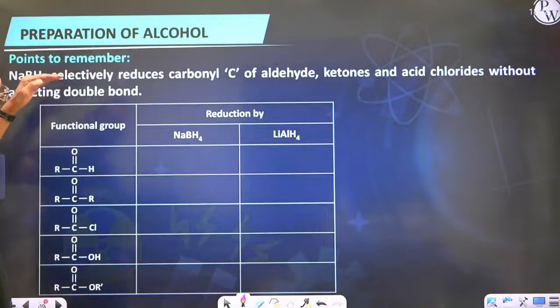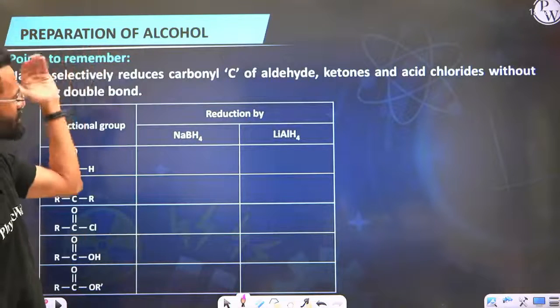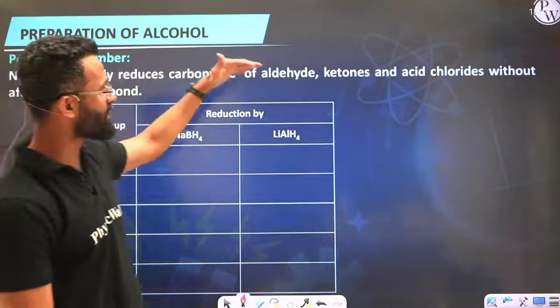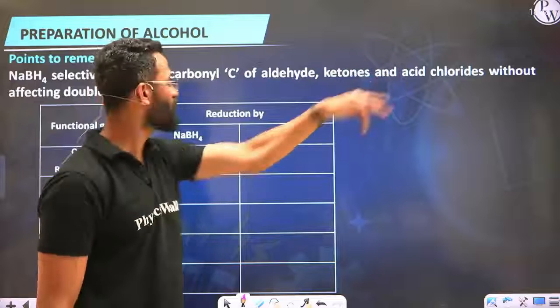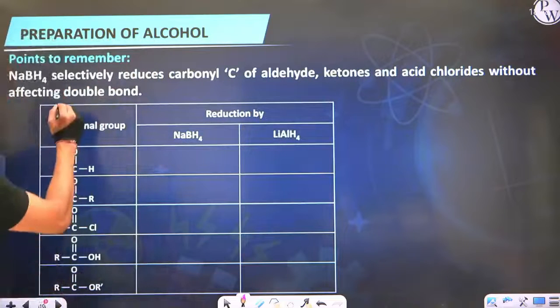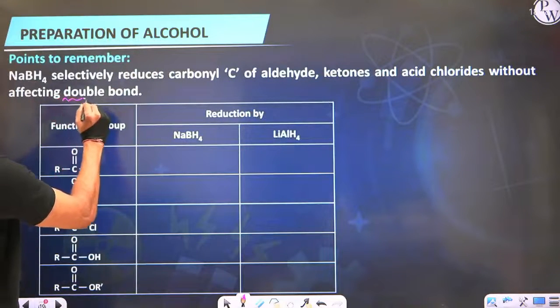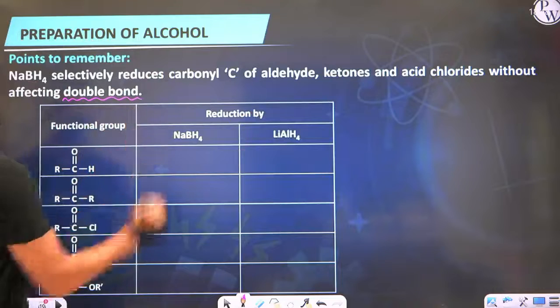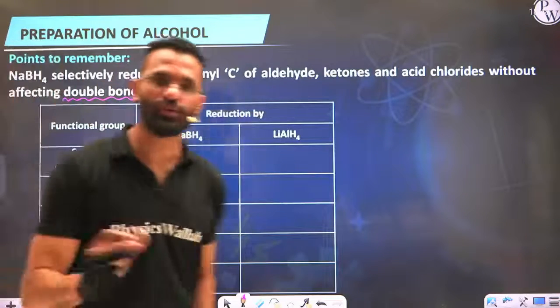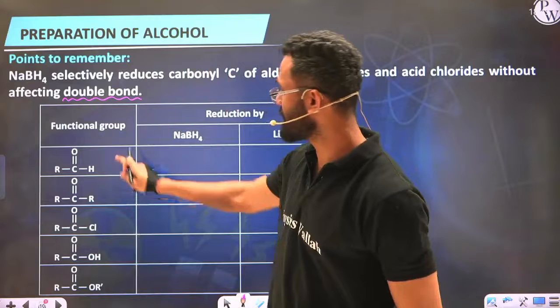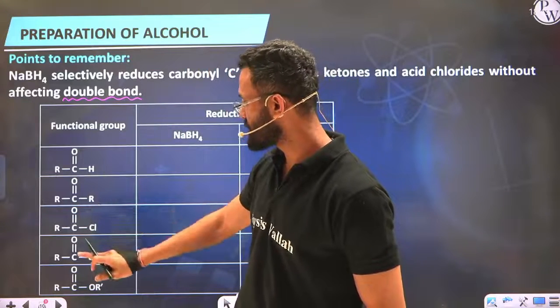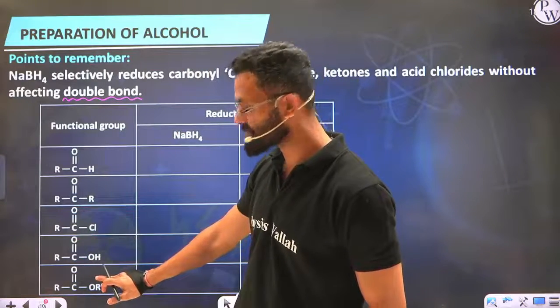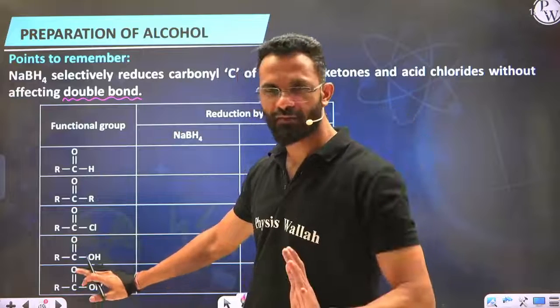NaBH4 is a selective reducing agent, so it selectively reduces the carbonyl carbon of aldehydes, ketones and acid chloride without affecting the double bond. Whereas LiAlH4 is a stronger reducing agent, it will reduce aldehydes, ketones, acid chlorides, carboxylic acid as well as ester as well as amides. We have not mentioned that.